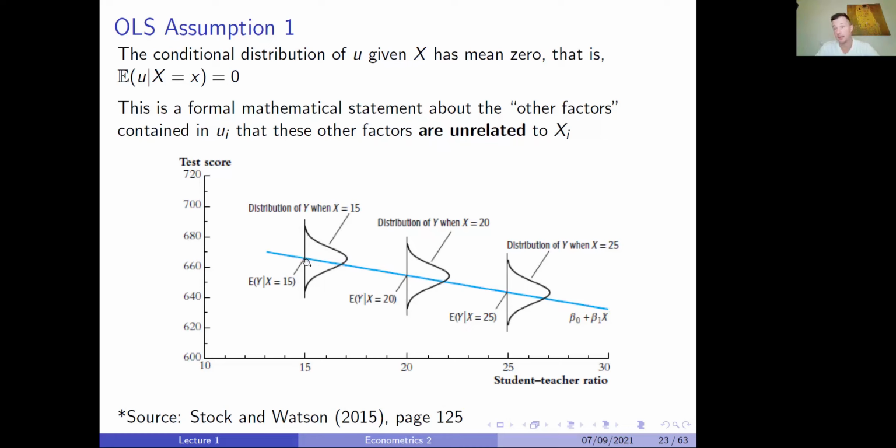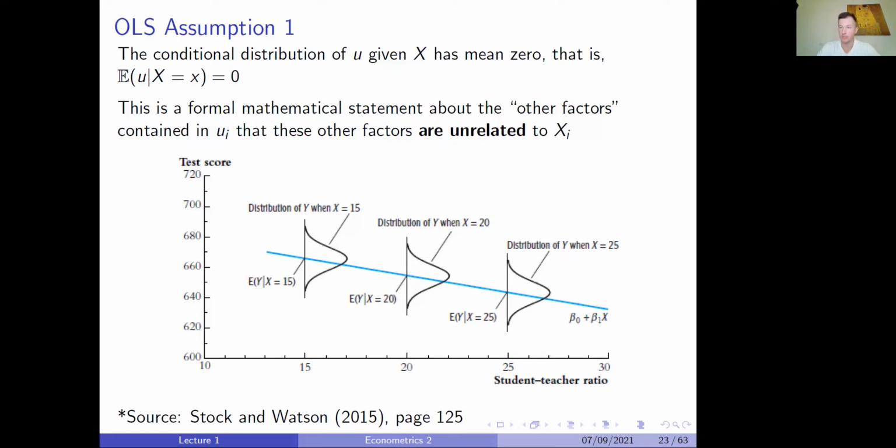So the expected error is 0. If this distribution is shifted upwards or downwards, then with the help of x, you can predict y better. You can capture the error term. Same here, once again, so the expectation of y is exactly at the regression line and the error term is 0. And here, for any particular value of x.